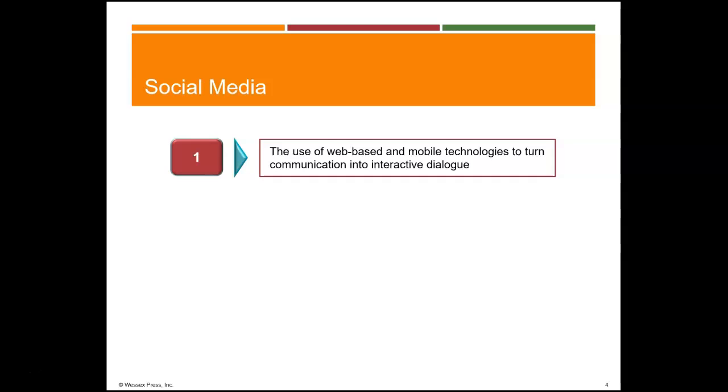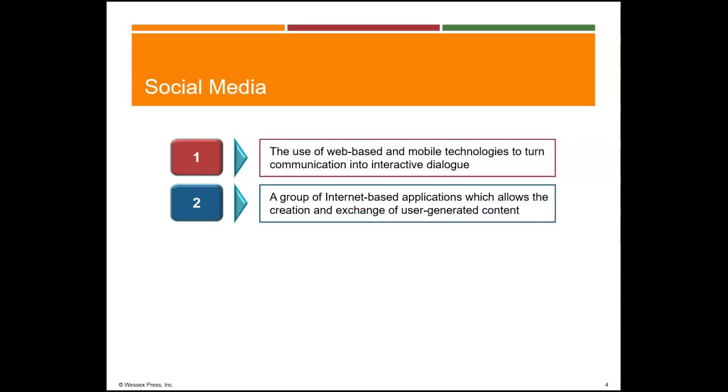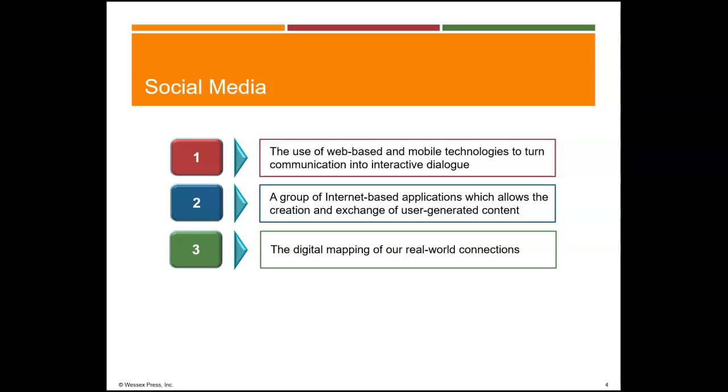So social media is the use of web-based and mobile technologies to turn communication into interactive dialogue. It's a group of internet-based applications which allows the creation and exchange of user-generated content. And then the digital mapping of our real-world connections.